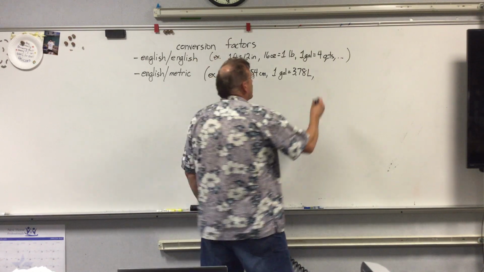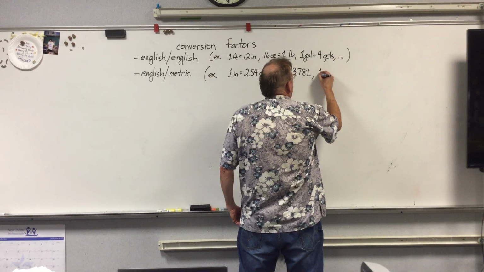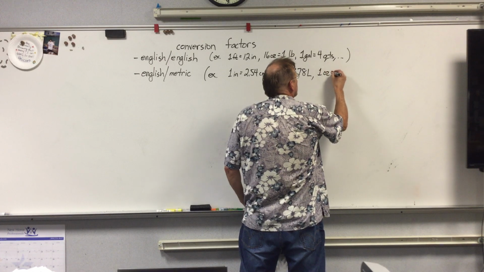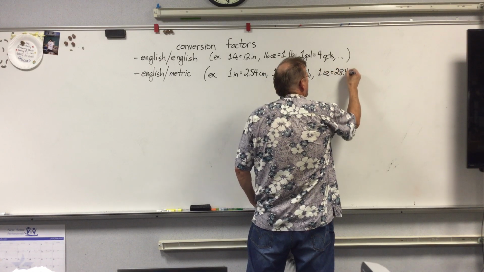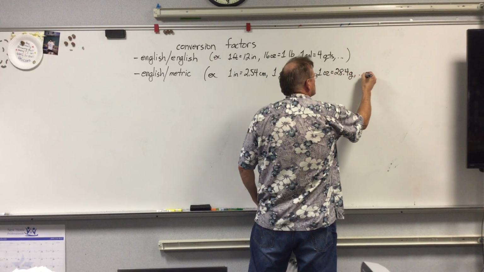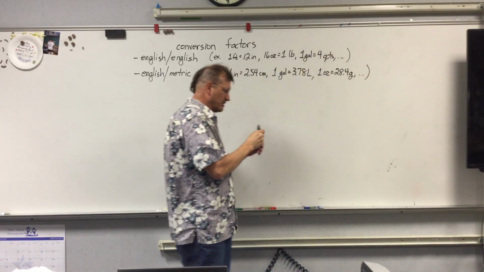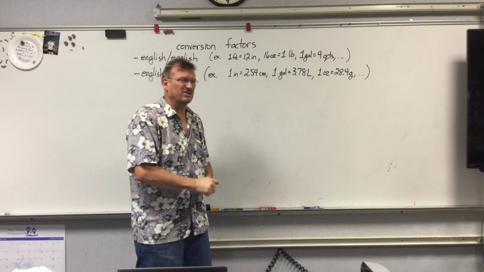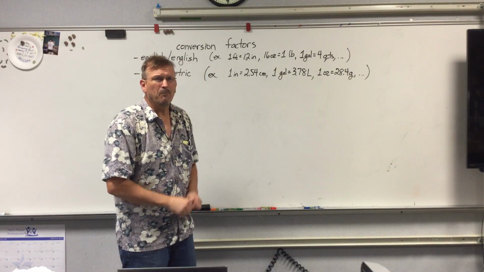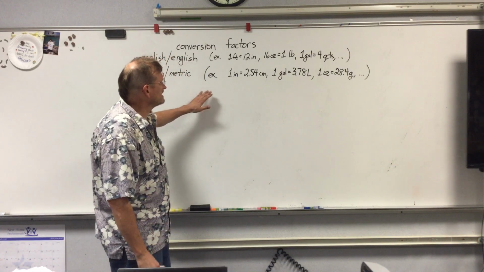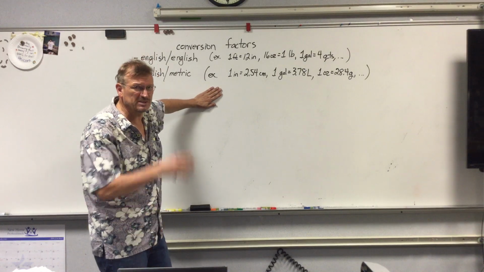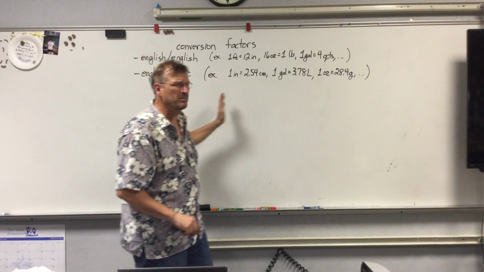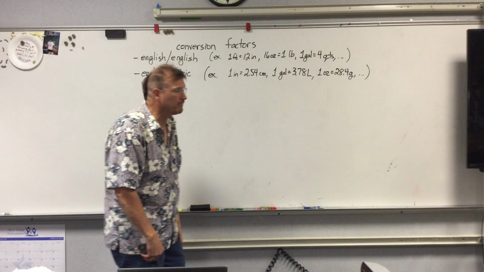Just 1 ounce equals 28.4 grams, and I'm just going to give you a dot on that one. Because again, when you ask how many of these there are, there can be quite a few. But one of the nice things is, for conversion purposes here in my class, you don't have to remember a huge number of them.